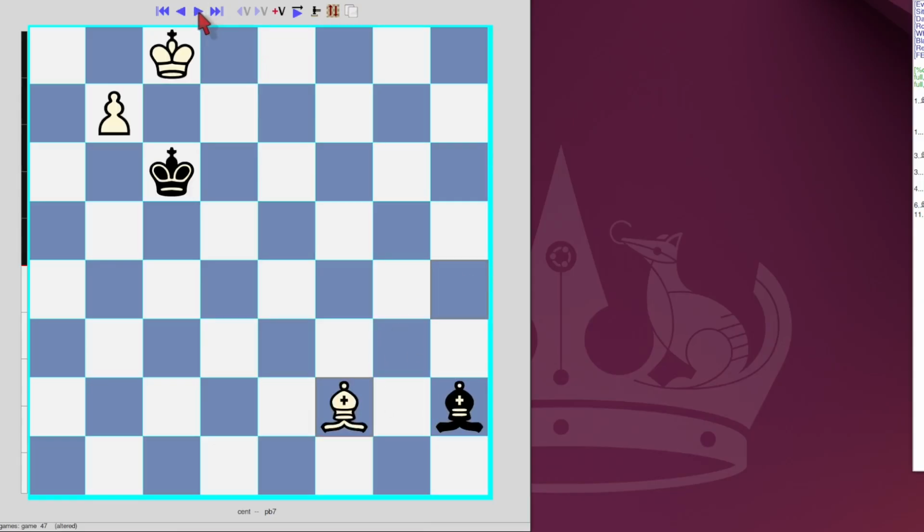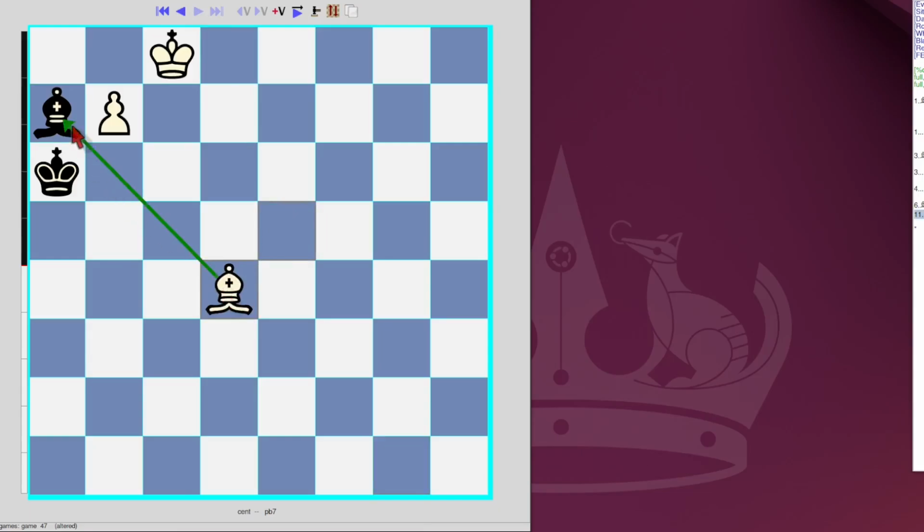Bishop f2. Nothing to be done now. Let's say the king tries to go over and cover. You might think, okay, there's still one more step, but we can also block there. Great. We can also be decoyed away from there again. So you can see that very interesting way of doing it.